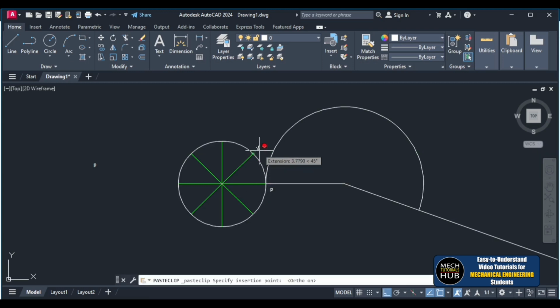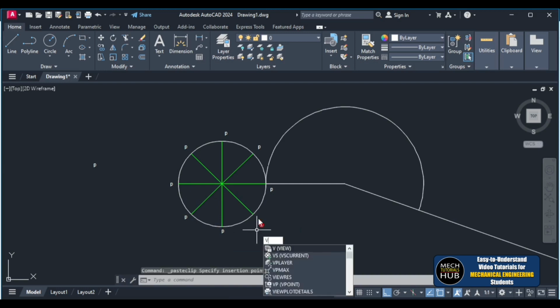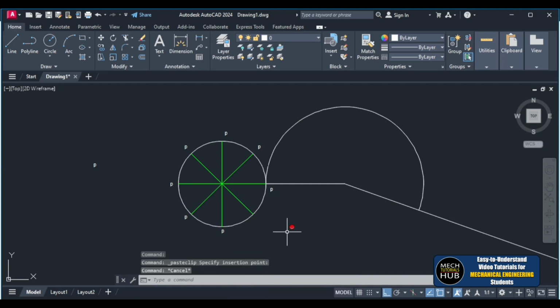This is point number 2, point number 3, 4, 5, 6, and 7. So this is the reference point P. I am considering a counterclockwise direction to take the count.